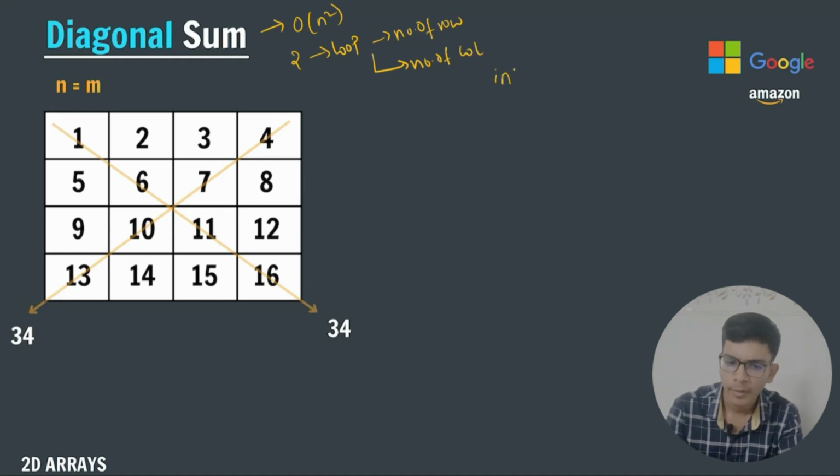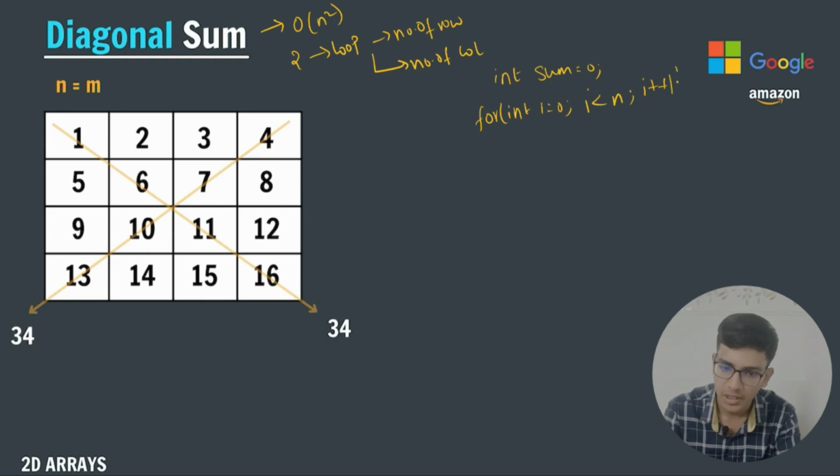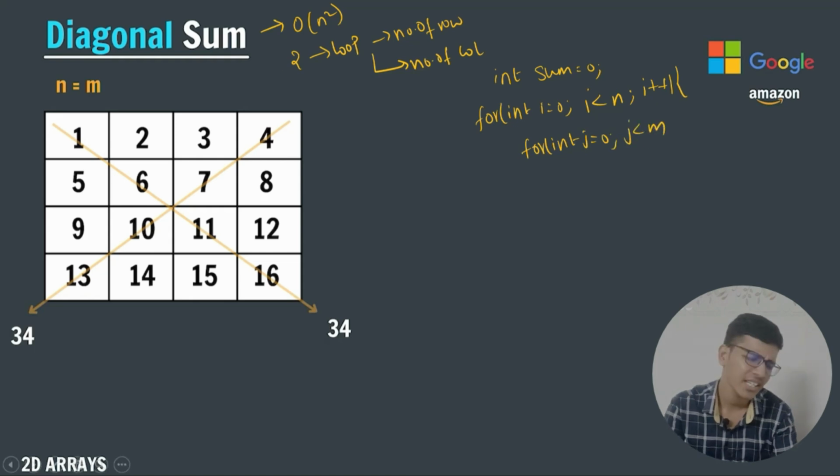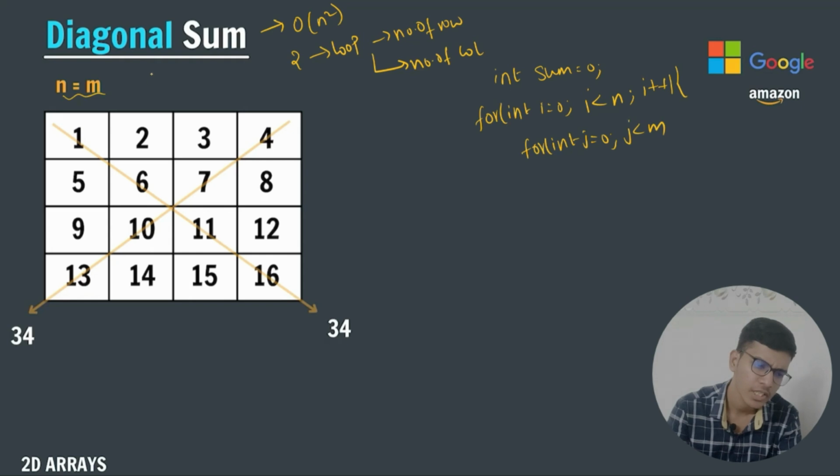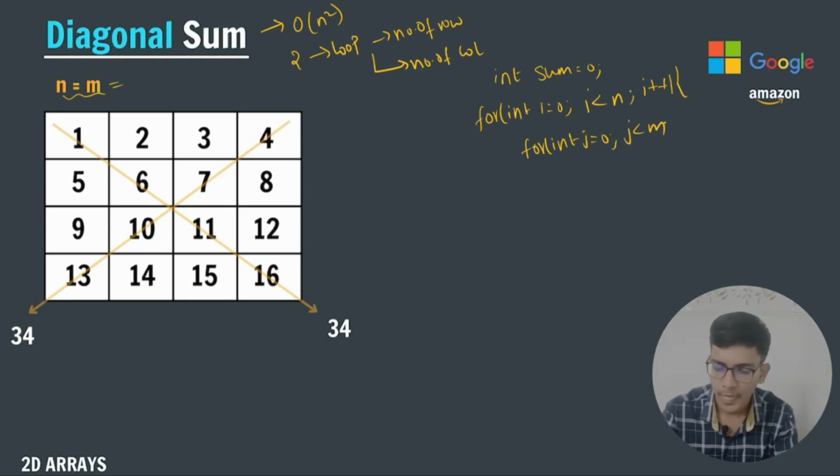So the pseudocode will be: first of all we create int sum equals 0. After that we run our outer loop, for int i equals 0, and i should be less than n, that is the number of rows, then i plus plus. In the inner loop I am running for int j equals 0, and j should be less than m. I can write n or m because the question is for a square matrix, so n and m are the same, so I am writing n.